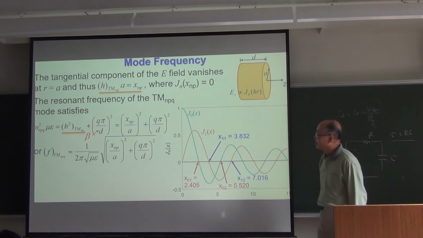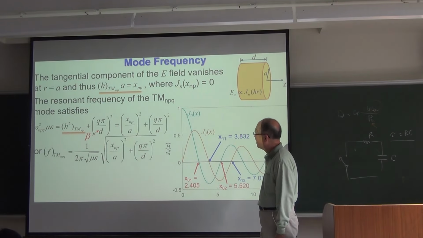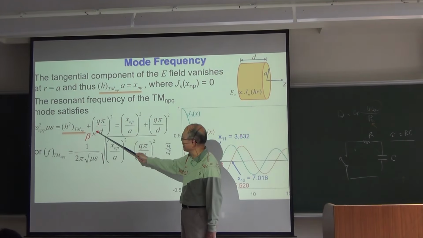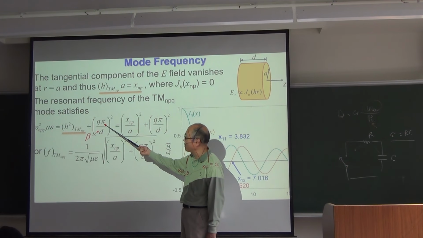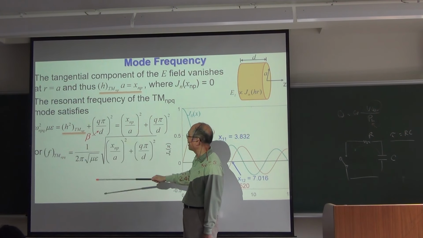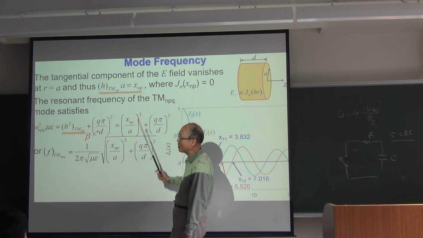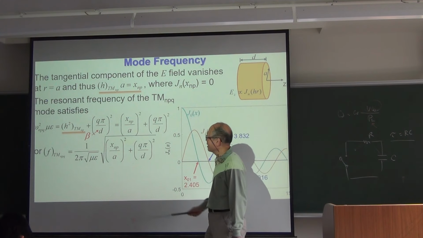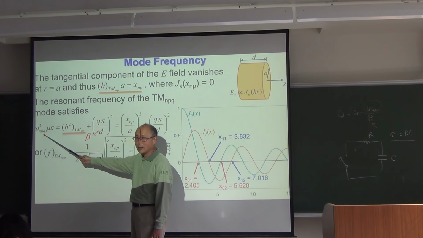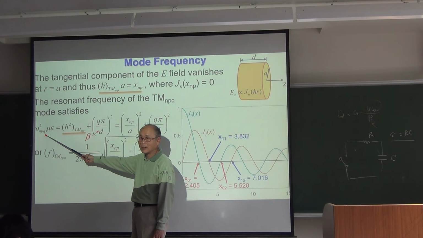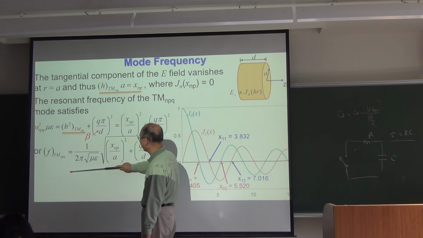All right. So now for the beta value, it is set to be q pi over d. Then this value is set by the zero crossings of the Bessel function. Then you can calculate the resonant frequencies of the resonator, right? Given by this equation.